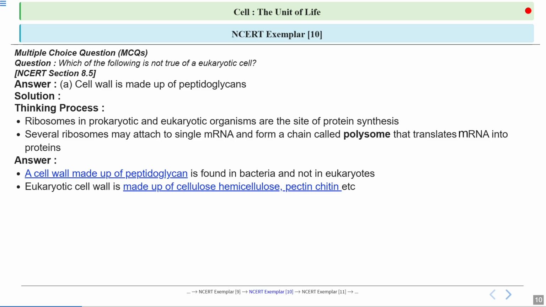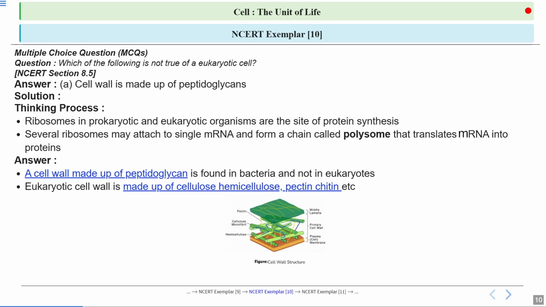Fungi. Yes, fungi. Fungi cell wall is made up of a polysaccharide that is called chitin. Right. So again, the fungi is a eukaryote, not a prokaryote. So these are all the substances mentioned: cellulose, hemicellulose, pectin, chitin, which we see in the case of eukaryotes, right?